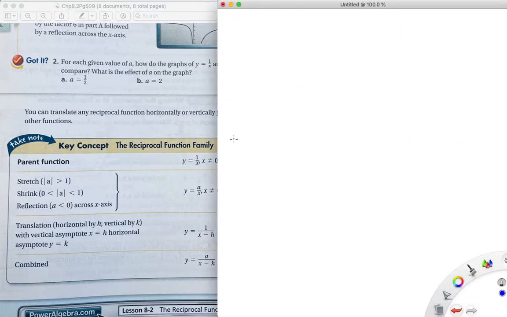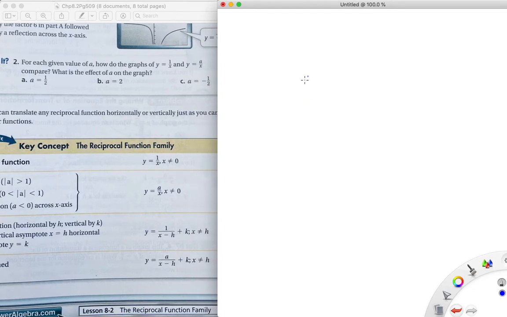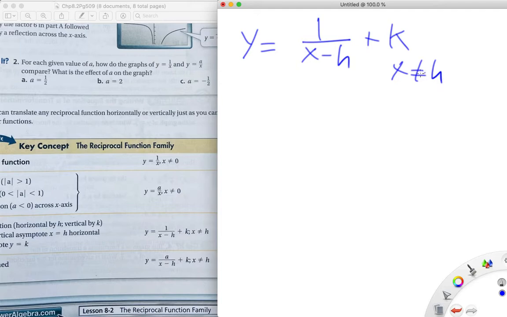What happens if we have our standard form? This is our standard reciprocal equation, 1 over x minus h, plus k. In this case, remember x cannot equal h. If x equals h, that's the vertical asymptote.